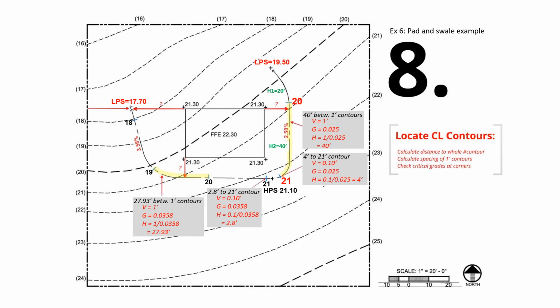Now, if you would like to verify that your measurements are correct, you can definitely measure from the HPS to the 21 contour to see if the distance matches the 2.5% slope. And it will be the exact same process to locate centerline contours on the west swell. So we'll skip that part here for brevity.